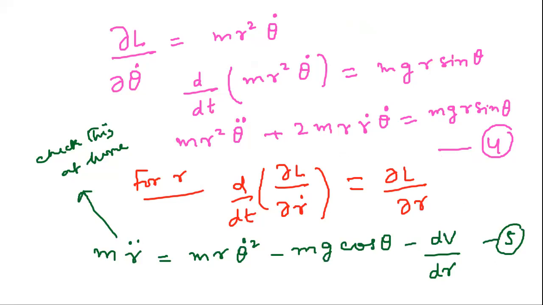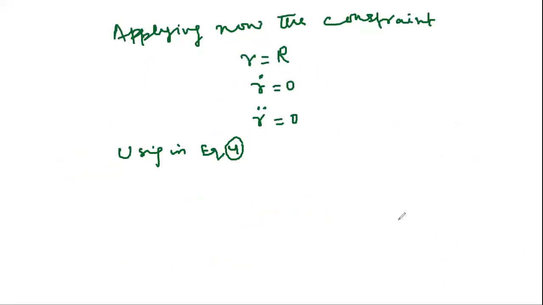Then what you will get? You get simply theta double dot is equal to g by r sine theta. That is equation second.